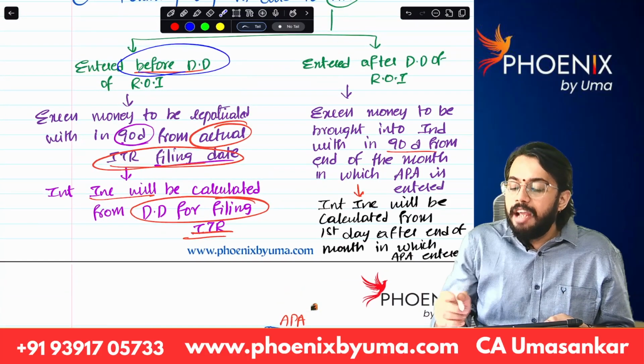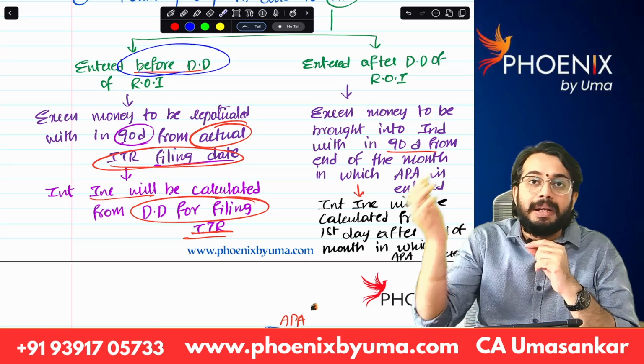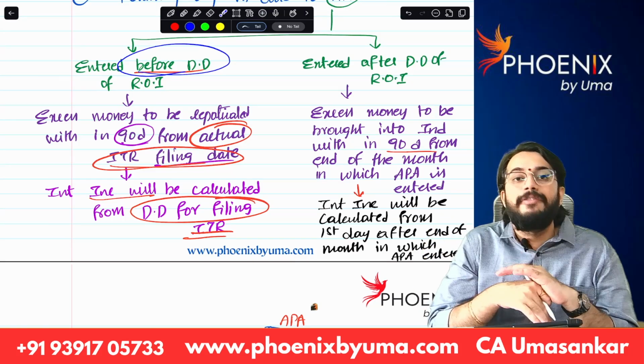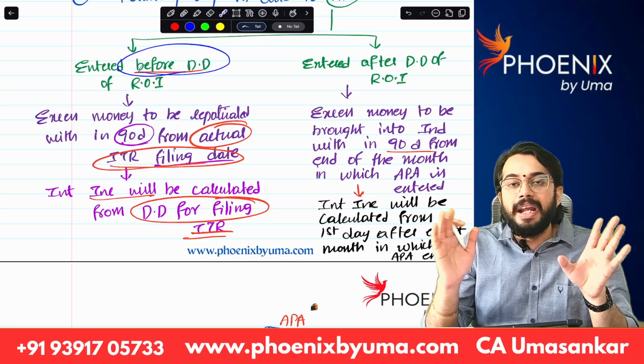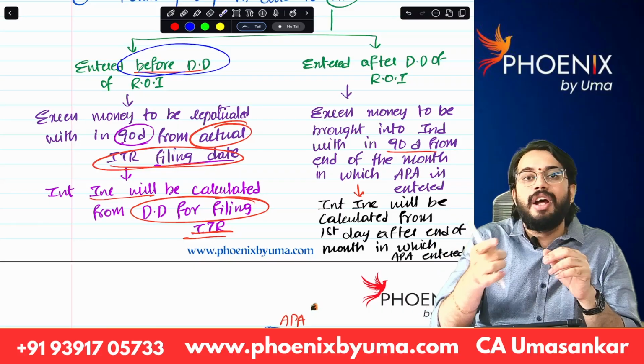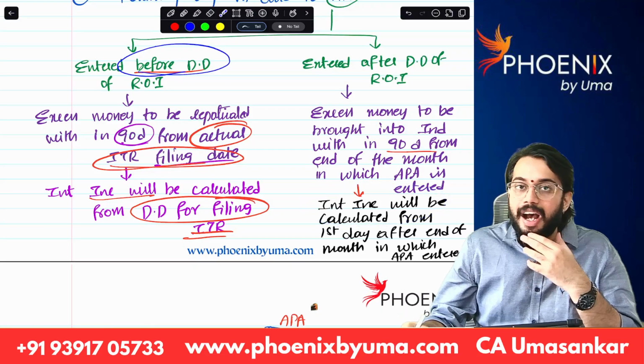Next. If APPA is entered after the ITR due date, you have to bring the excess money to India within 90 days from the end of the month in which APPA is entered. If you do not bring it, then from the first day after the end of the month in which APPA is entered, interest income will be calculated. Are you able to understand?